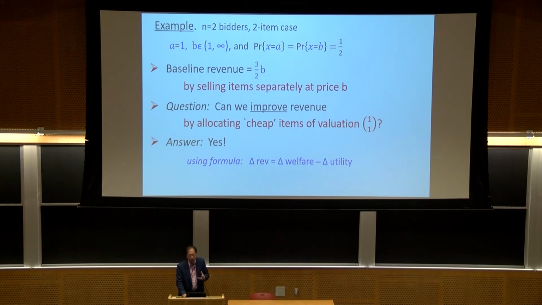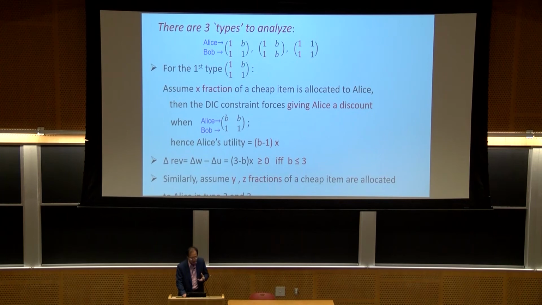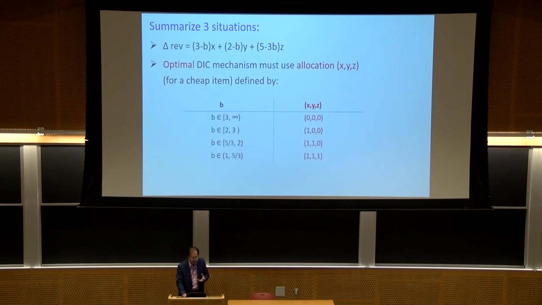You get a formula for the change in revenue in terms of the cheap items you sell, and depending on what kind of combination you get, you will make money. You will get more revenue or less revenue, and this accounts for why you get different breakpoints.